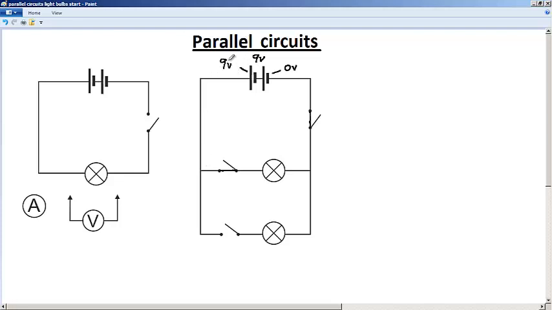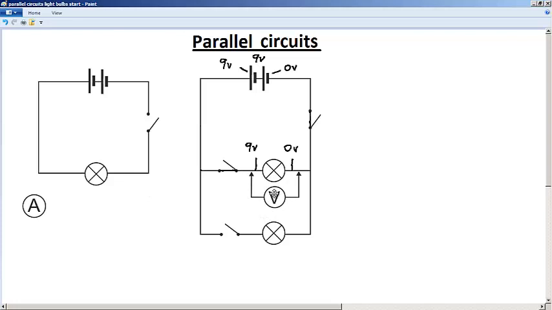So the potential must be 9 volts here, here, here, and here. So we can write 9 volts. Likewise, it will be 0 volts here, here, here, and 0 volts.